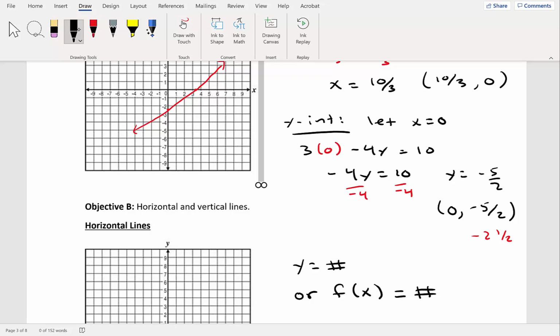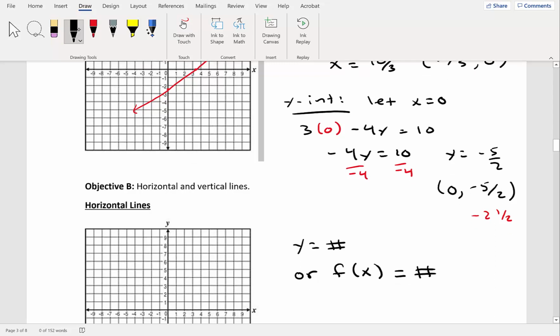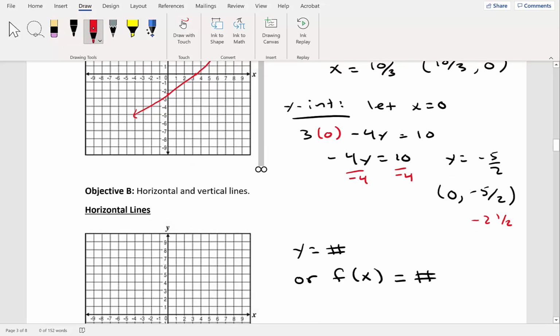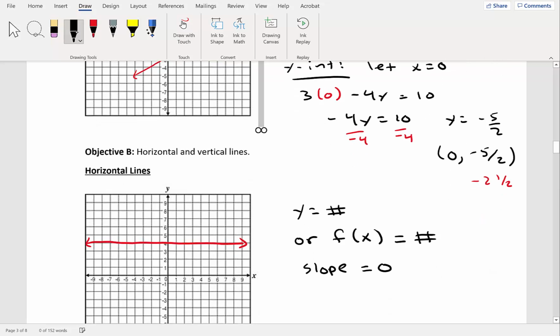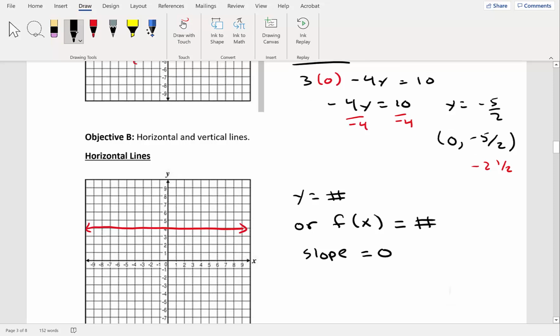There won't be any x's on the right-hand side. So your horizontal line will look like just a horizontal line on the graph. Now, one thing about the slope of horizontal lines, the slope is equal to 0. And we'll take a look at an actual example in a second.